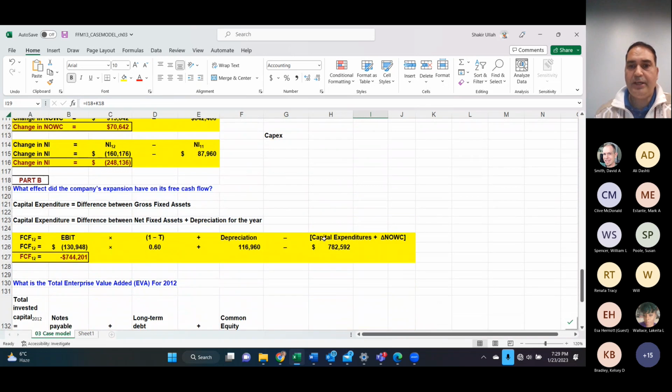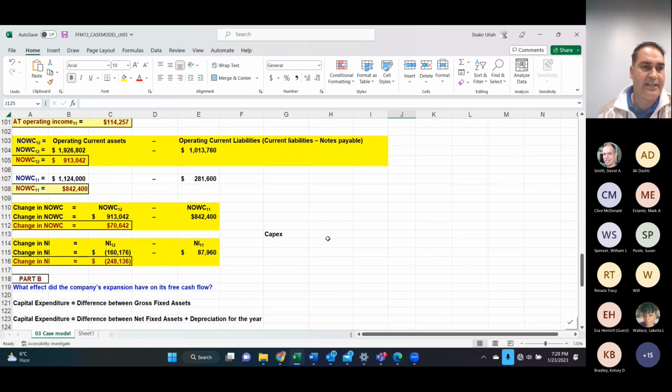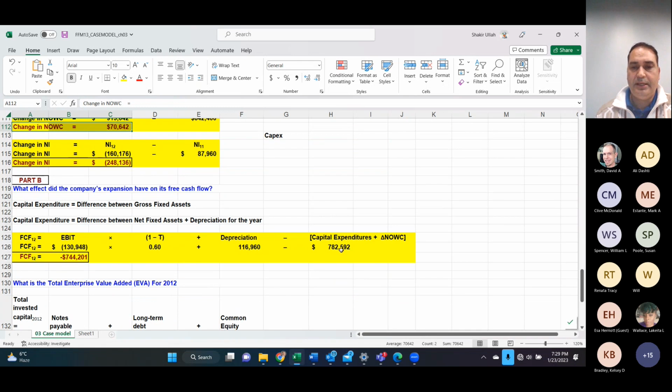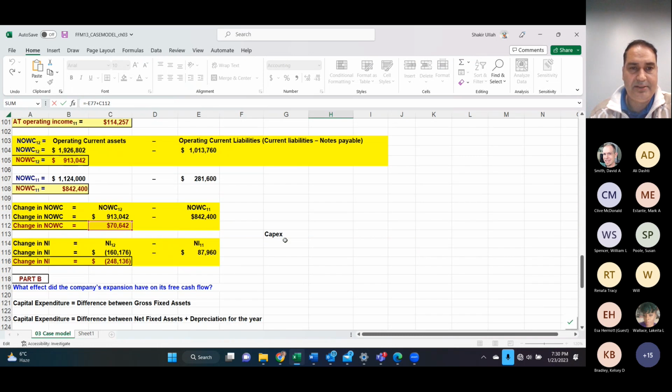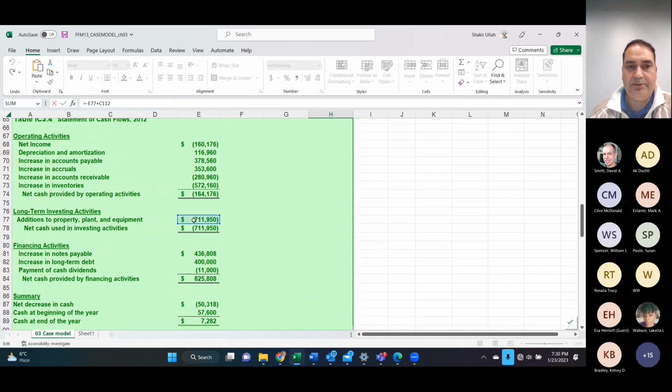So we got the capital expenditure, and then we add this with the change in net operating working capital. We have already calculated that number, which is this one. So we just take the two numbers and add them. So let's see what we have here. In this case, I've taken the capital expenditure from the cash flow statement.